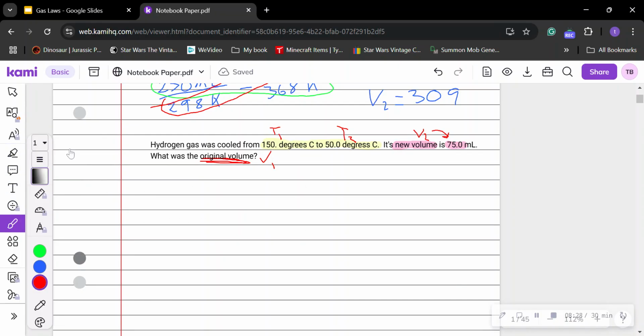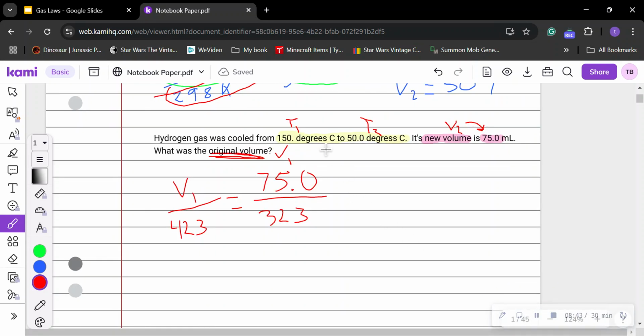I want you to try to solve this before you look at the answer and what I get. So pause this, and then I'll write my setup. Okay, so this is my setup, and now we can cross multiply these two and these two, and what we'd get is 323 V1 equals 31,725, I think.